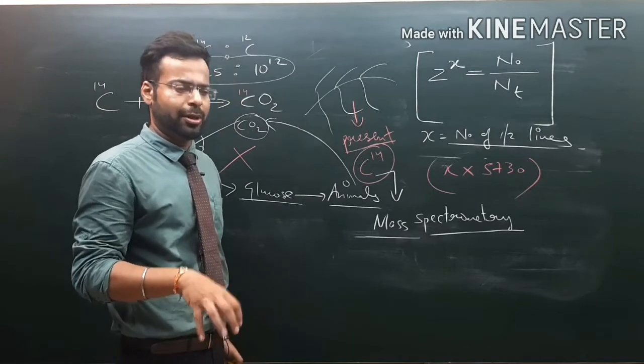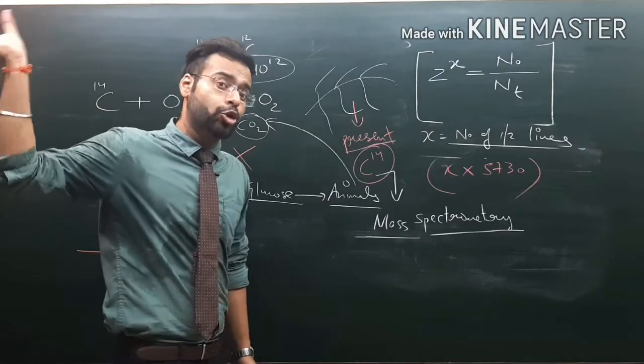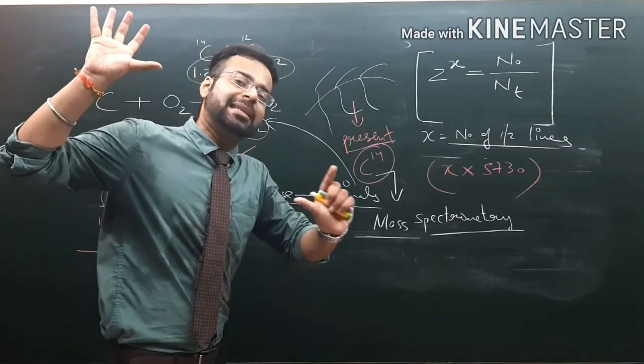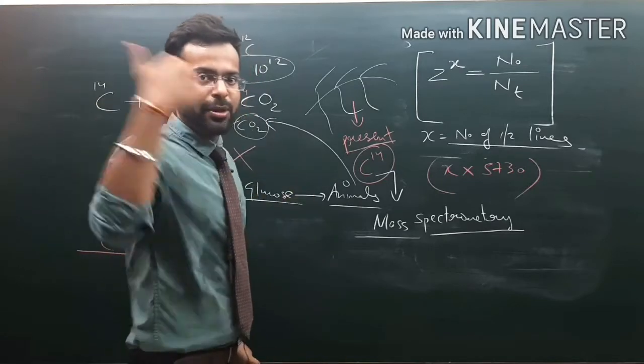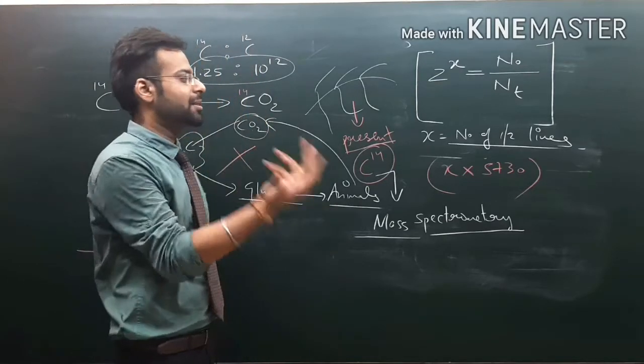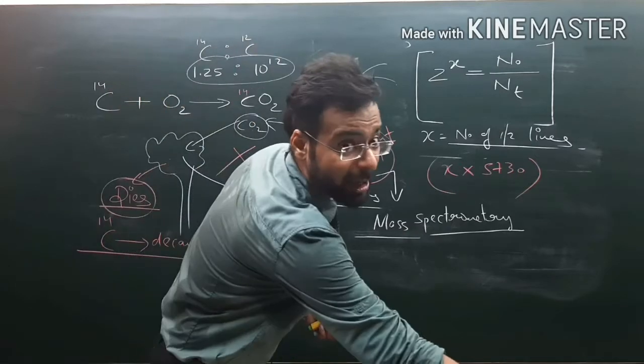Calculate the amount of carbon 14 remaining in a fossil, and we know from the data earlier how much it should have been, how much it is now, how much the difference has been, and we know in what span of time this difference is created, and we just get the span of time. Let's do some numericals on it to make it much clearer.